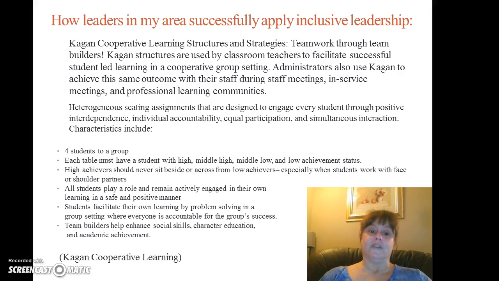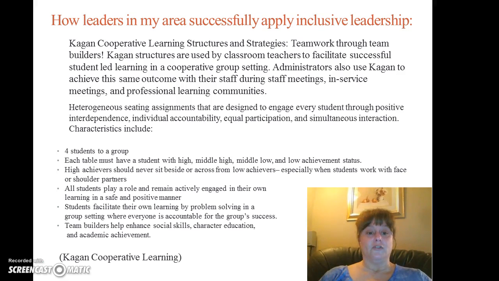These characteristics include: 1, four students to a group. 2, each table must have a student who achieves at a high pace, middle high, middle low, and also students who achieve more at a lower pacing. High achievers should never sit beside or across from low achievers, especially when students work with face-to-face partners or shoulder partners.